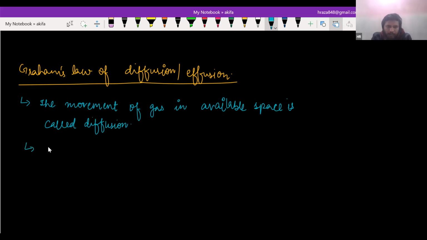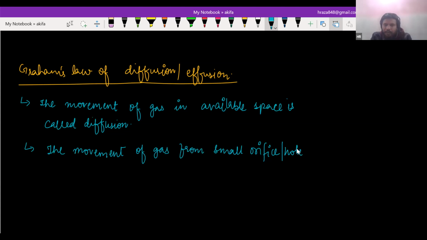Another statement about this. The movement of gas from a small orifice, that means hole, is called effusion.